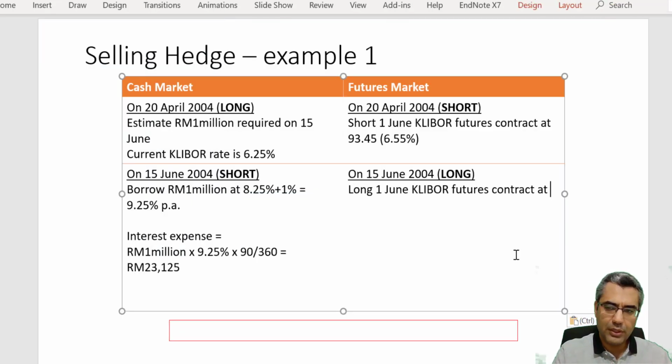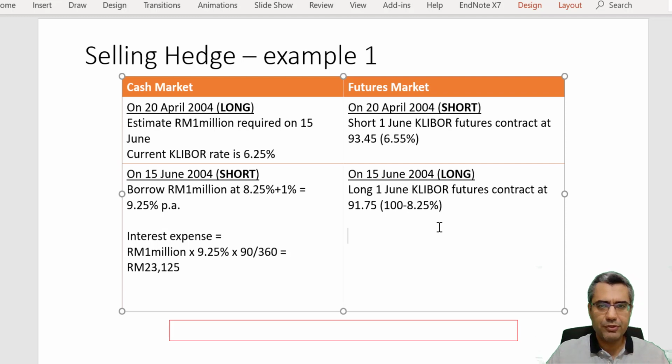So 8.25%, this means that you can long futures contract at 91.75, which is, you remember the price is 100 minus KLIBOR rate.